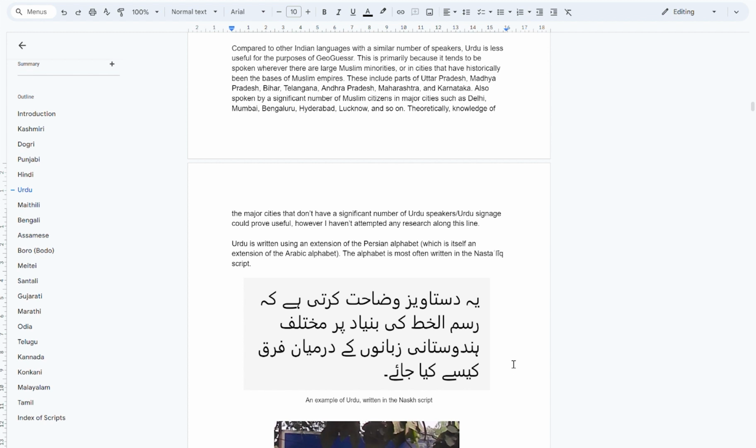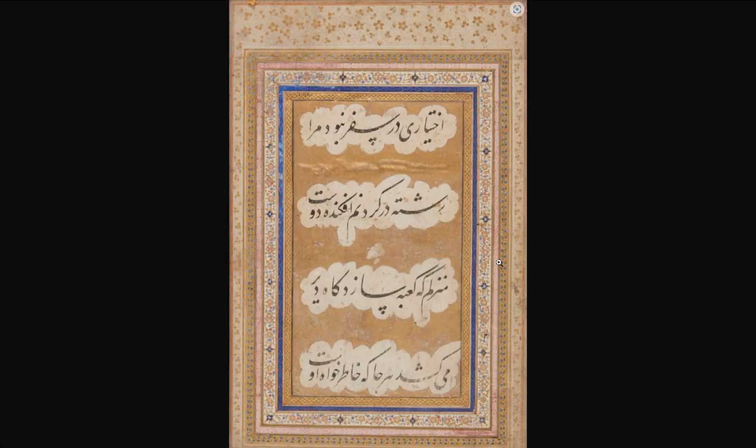Here I've got an example of Urdu written in the Naskh script, which is pretty similar to the Nastaliq script, except it's the version that's most commonly used for digitization. So digital text will use the Naskh script, whereas if you look at calligraphy or written texts, that'll use the Nastaliq script.